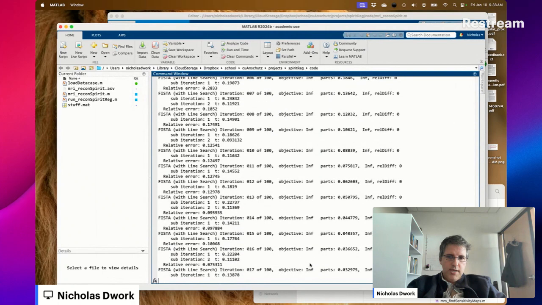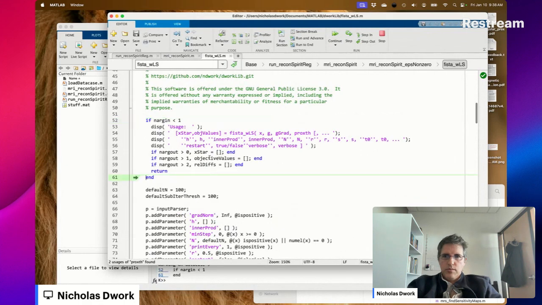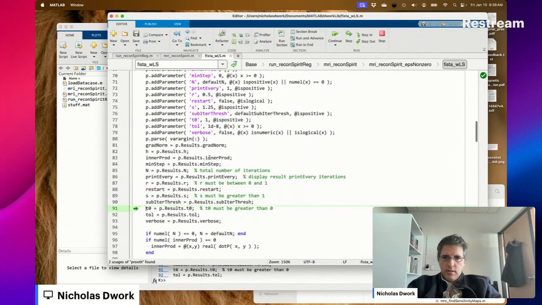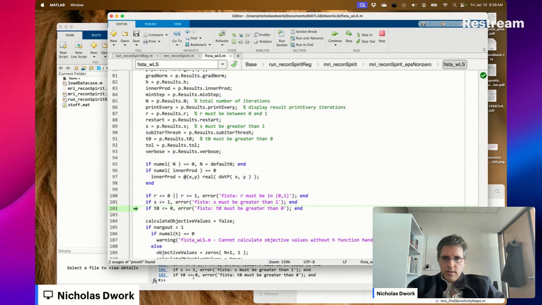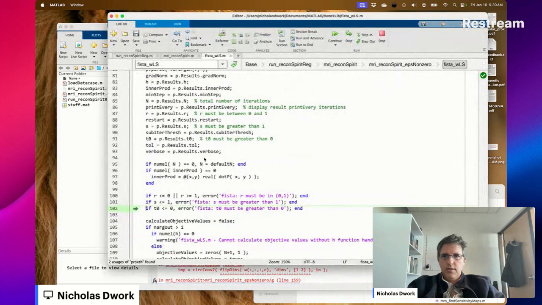The objective is infinity, though. Let's see why that is. Let's see, the line that's coming out is FISTA with line search.